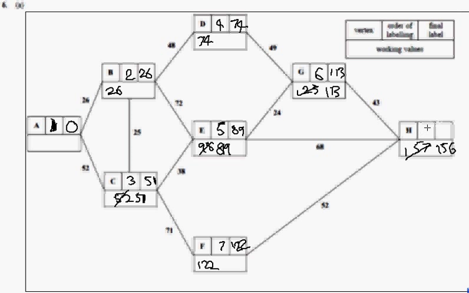This is the only place that's not been finalized, so we will finalize it. And that is number 8. And we're done. So now we know that the shortest distance from A to H is 156 kilometers because H has been finalized. So that answers the first part of the question.